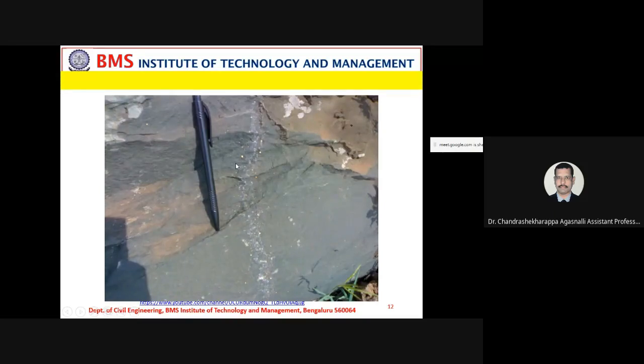Pyrite is just like fool's gold. When ordinary people see it, it looks like gold, and they may say it is exactly gold. That's why it makes people foolish, so it's called fool's gold. This is how the quartz veins and the pyrites are visible here.